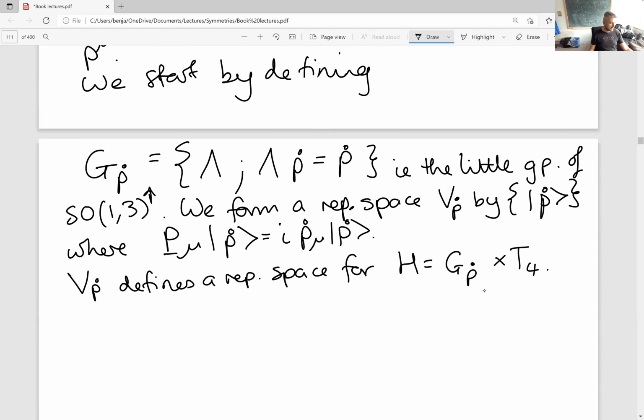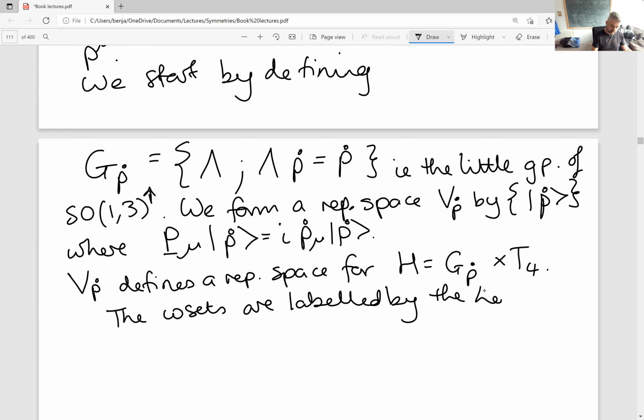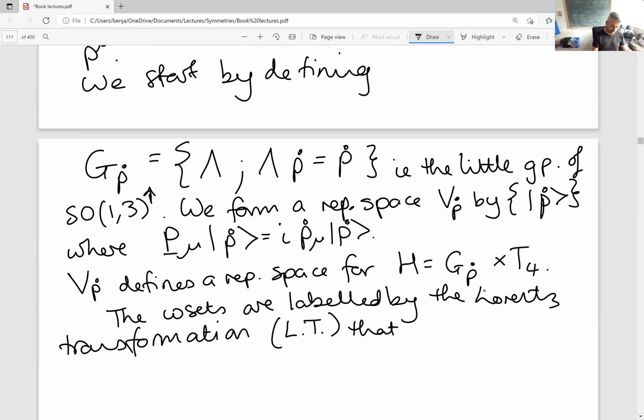Okay, so the cosets are labeled by the transformation that takes us from P dot to P mu. So the cosets are labeled by the Lorentz transformation. I'm going to shorten this to NLT, because I have to write it quite a few times, that transforms from P dot mu to P mu.